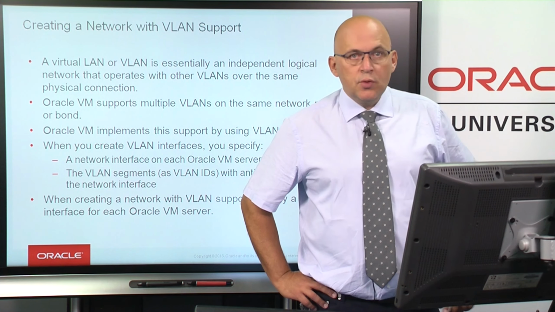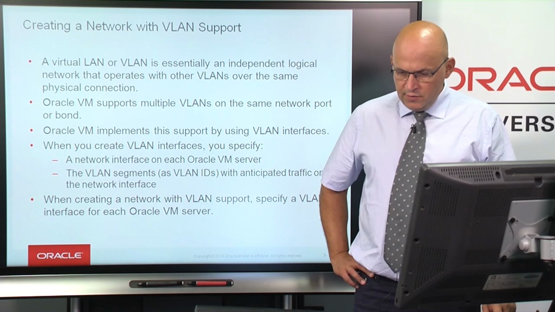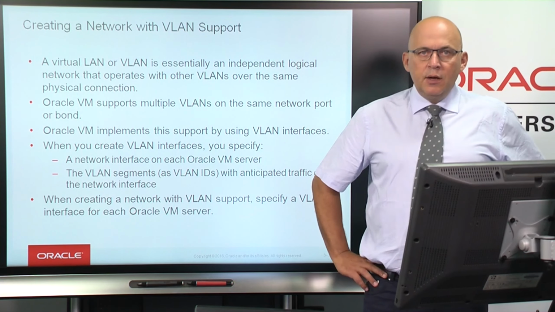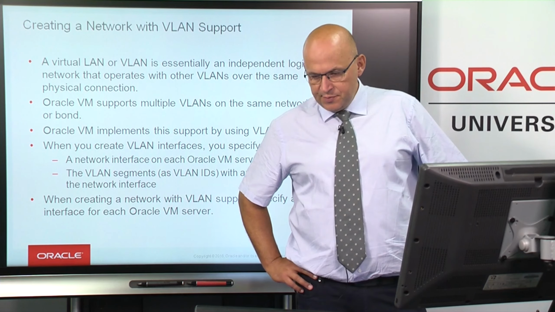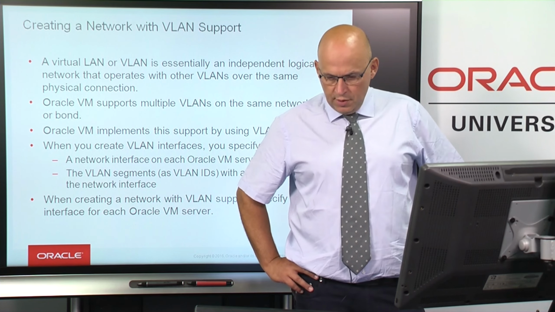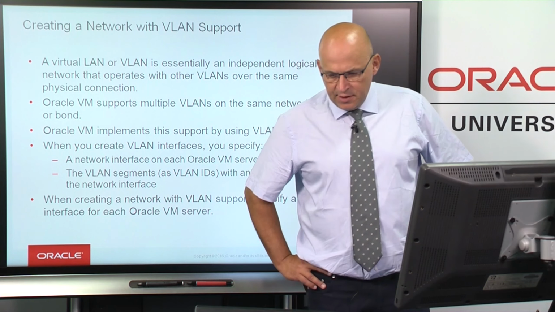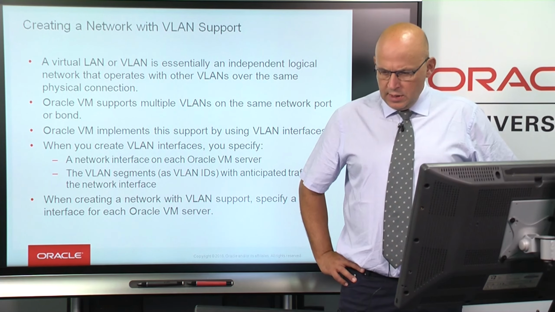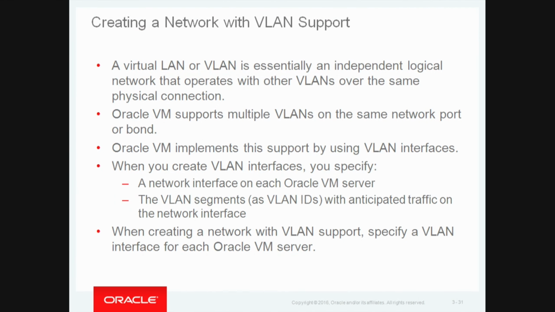Okay. So, creating a network with VLAN support. Whenever you have to deal with this kind of configuration, you have to know that Oracle VM supports multiple VLANs on the same port or bond. So what you need in this case is that for each port or bond, you have to specify a VLAN ID that the network administrator has already created outside of the virtualization of the OVS, and you will use it for your VLANs.